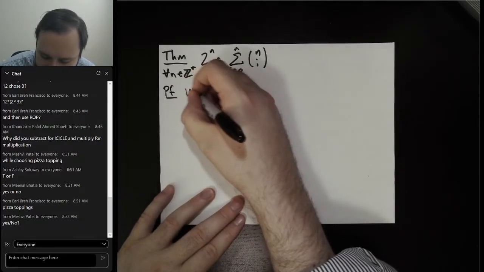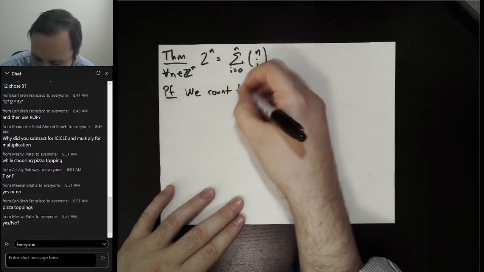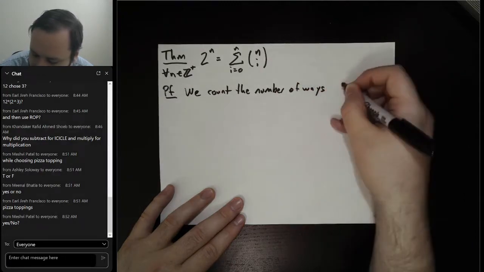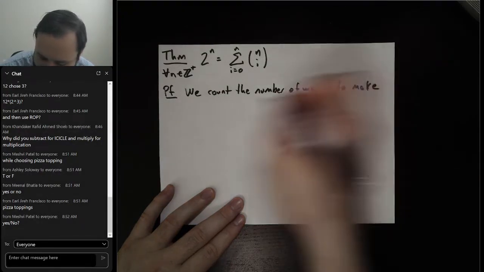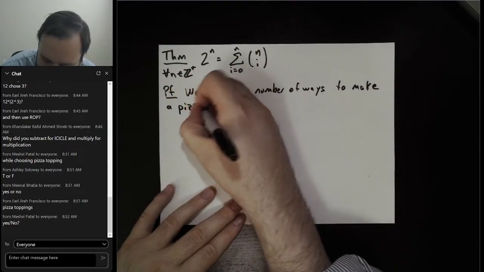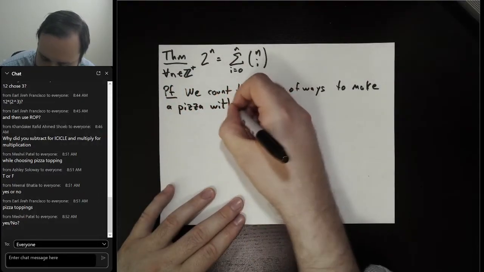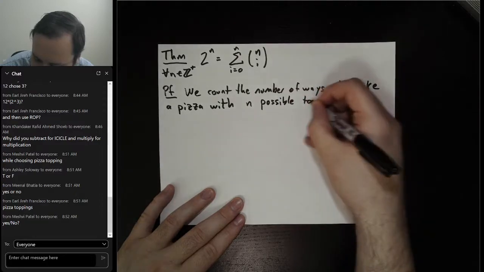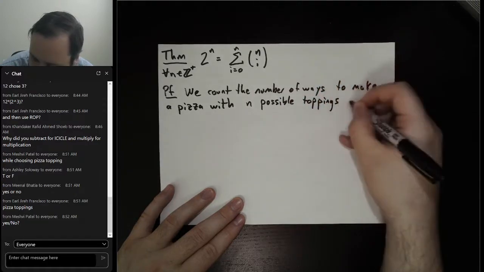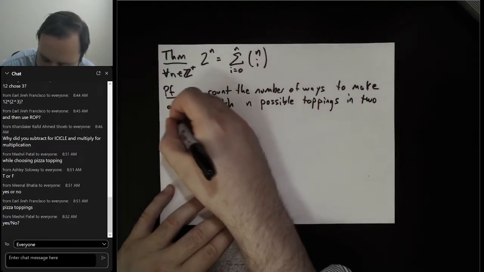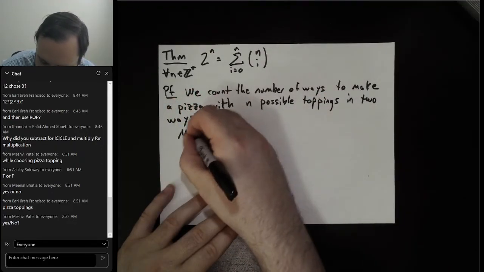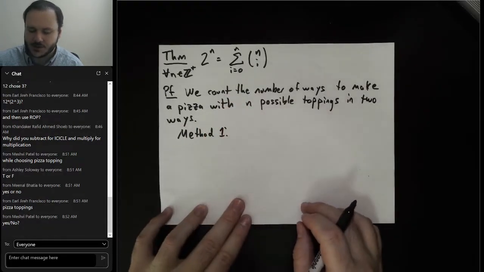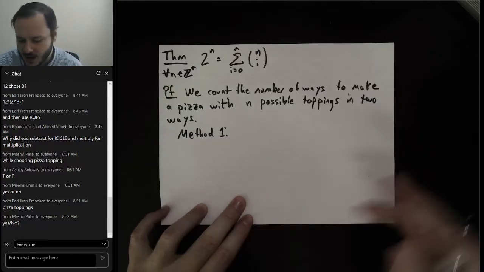So we count the number of ways to make a pizza with n possible toppings in 2 ways. Method 1. For each possible topping, we decide if it's on the pizza or not.